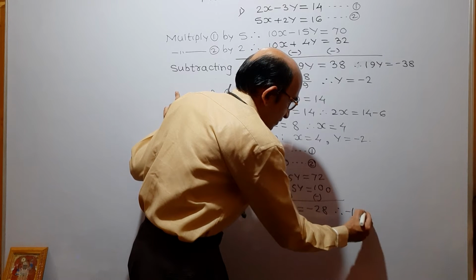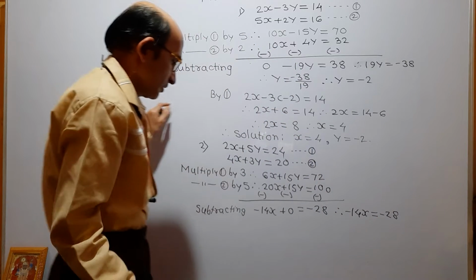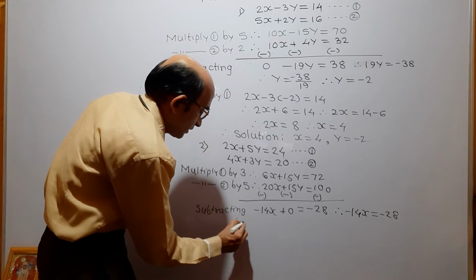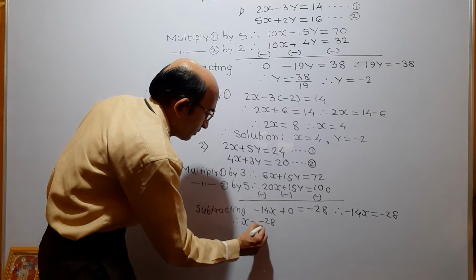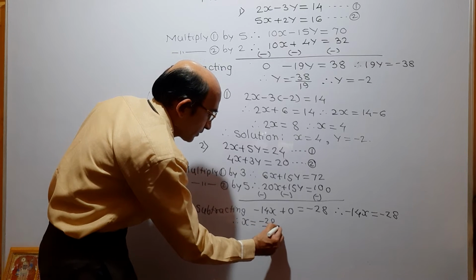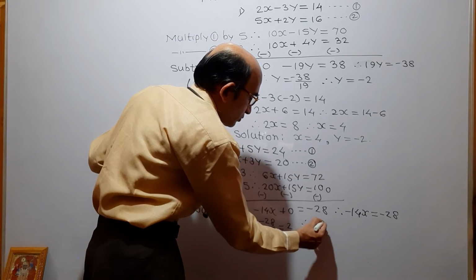Minus 14x is minus 28. Therefore x is equal to minus 28 upon minus 14, that is equal to 2. So the value of x is 2.